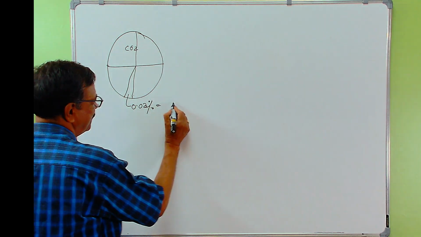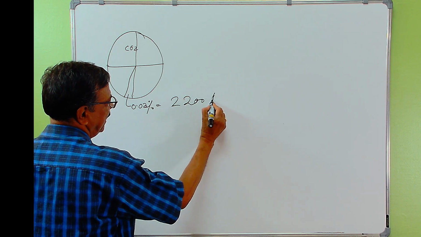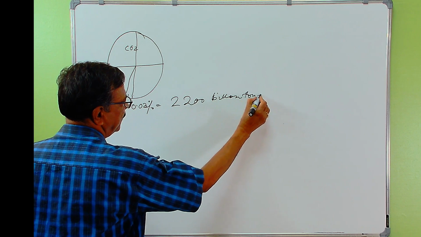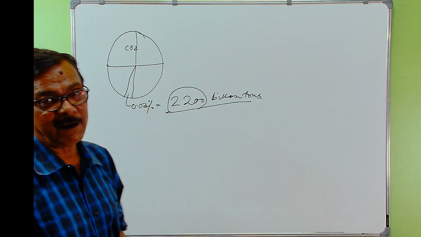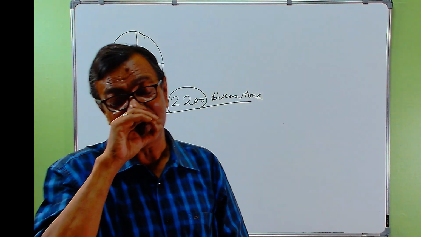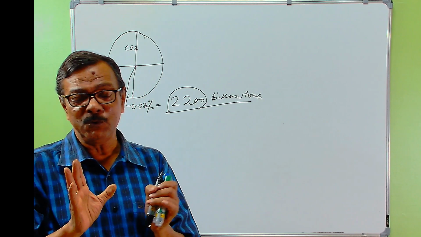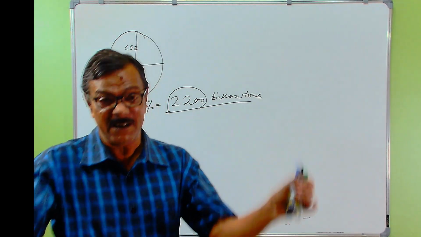It amounts to 2,200 billion tons. 2,200 billion tons of CO2 are present in the atmosphere, and this is sufficient to do photosynthesis for a few hundred years.